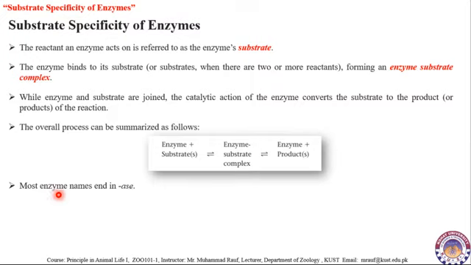But it is not a hard and fast rule, because there are some exceptional cases where the enzyme's name does not end with ase, just like ptyalin is one enzyme.